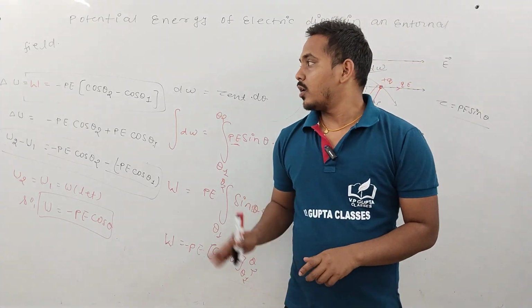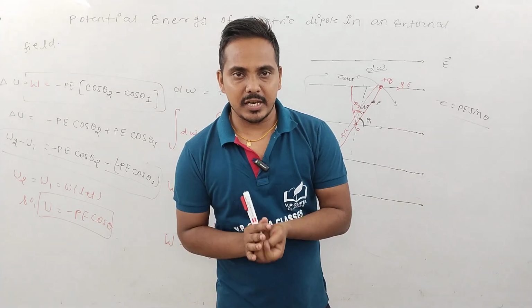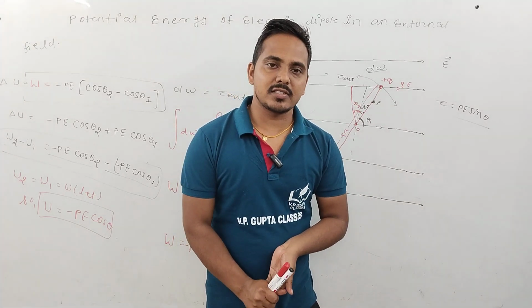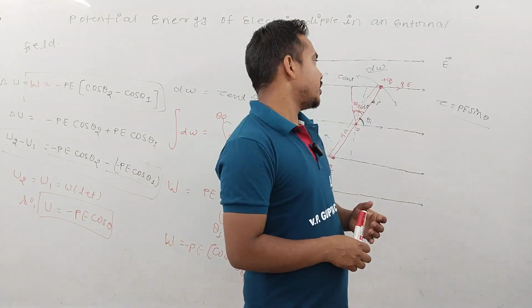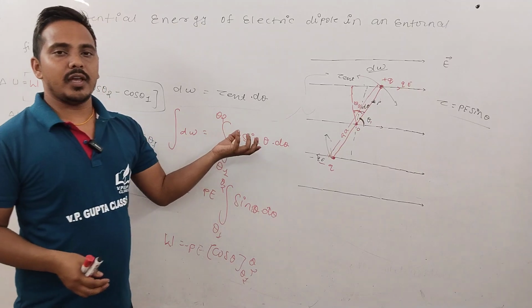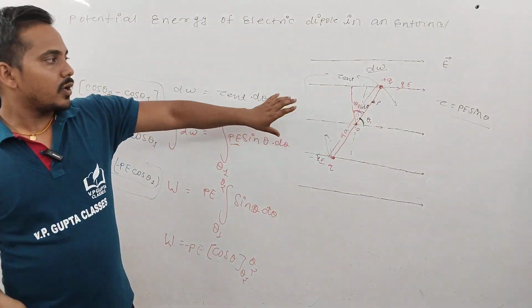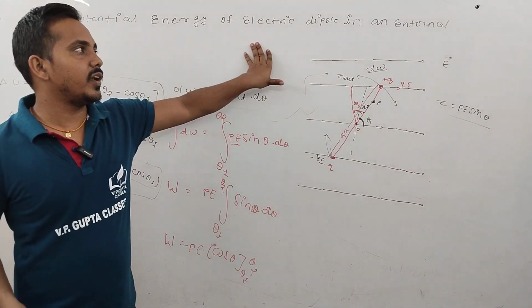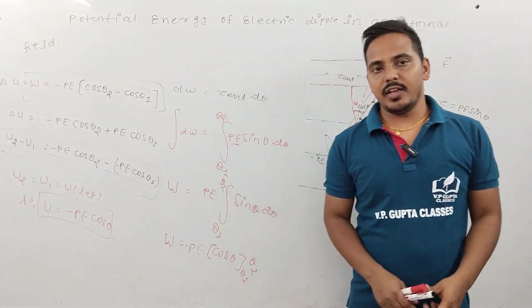Now we write step by step how you write it in the examinations. We explain how to find the electric potential energy of an electric dipole in an external field, and it is very easy.